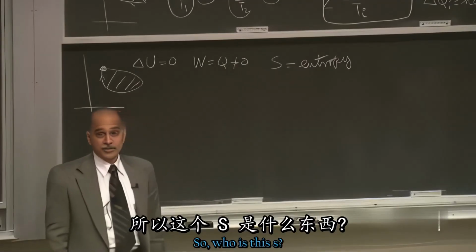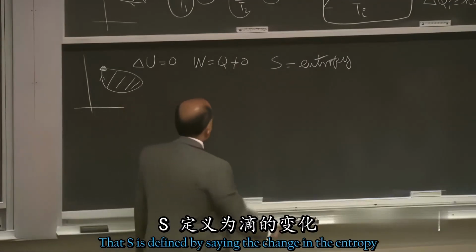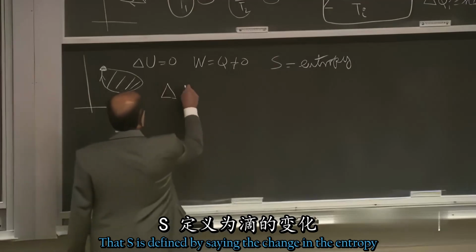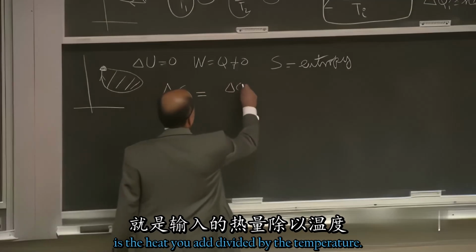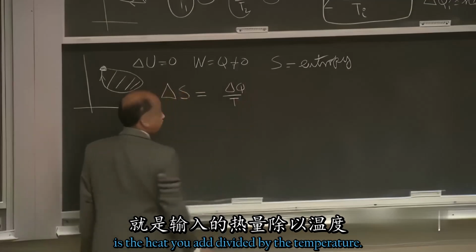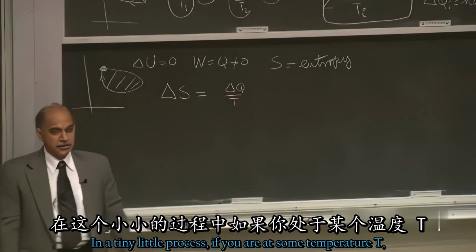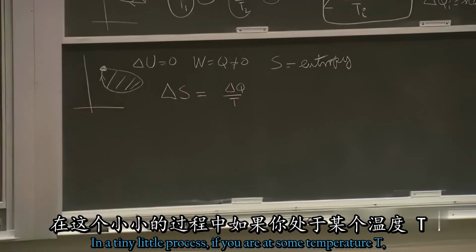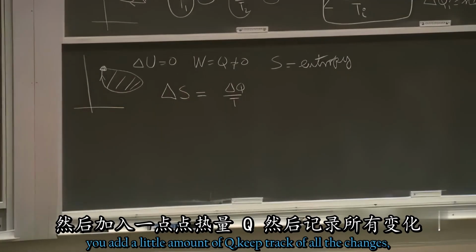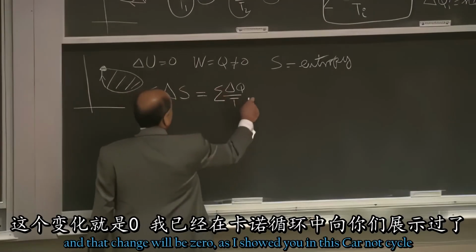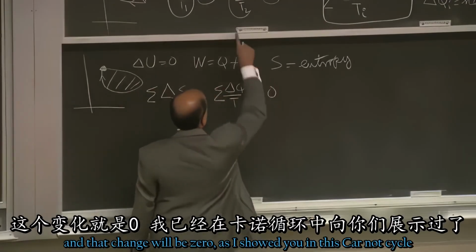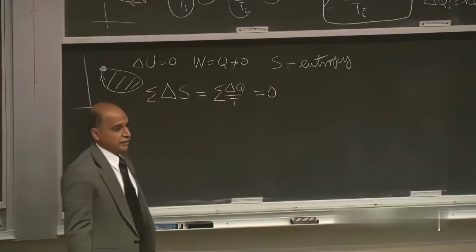So who is this S? That S is defined by saying that the change in the entropy is the heat you add divided by the temperature. In a tiny little process, if you're at some temperature T, you add a little amount of Q, keep track of all the changes, and that change will be 0, as I showed you in this Carnot cycle.